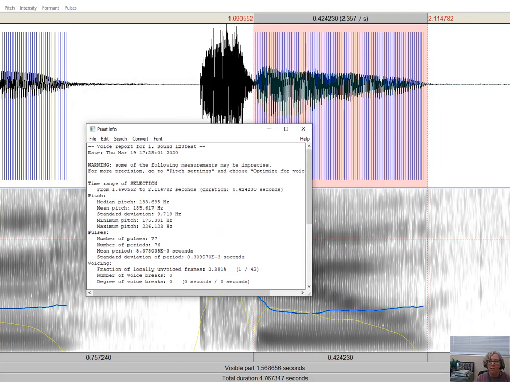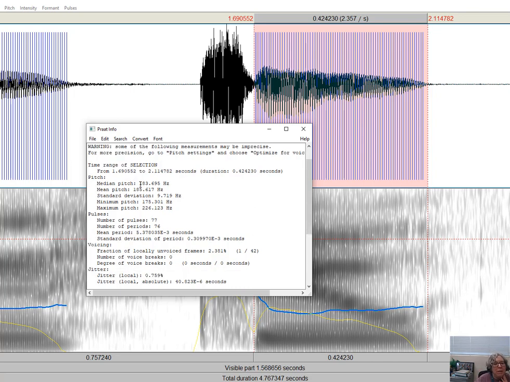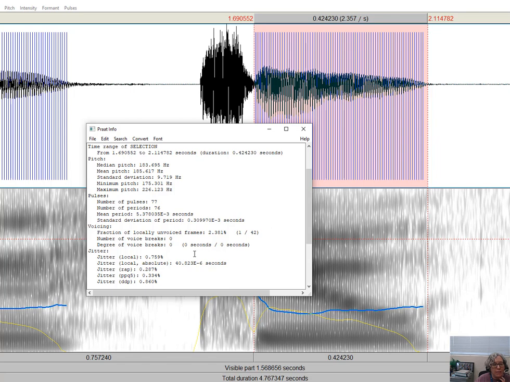You are now able to populate that worksheet that I gave you. I can see that my median pitch was 183, mean was 185. Then the fraction of voicing, it should be pretty voiced because it was a vowel. So yeah, only 2.38 was unvoiced. And now I can get my jitter and shimmer ratings here.